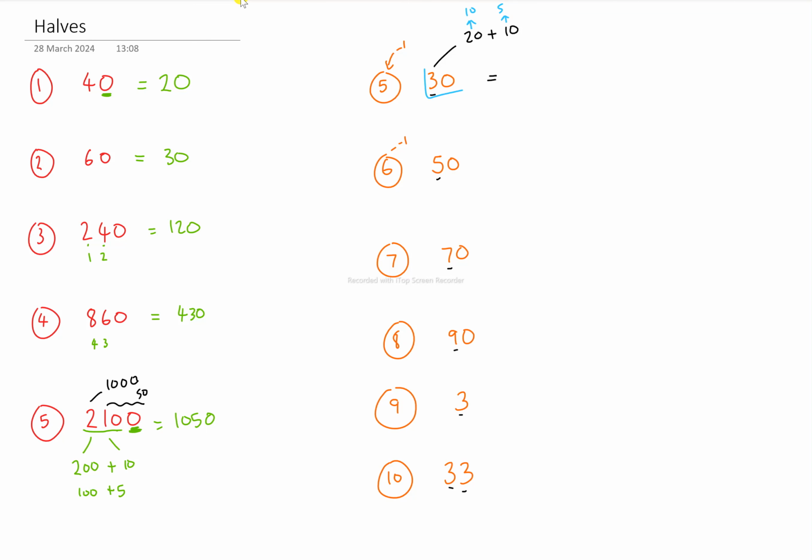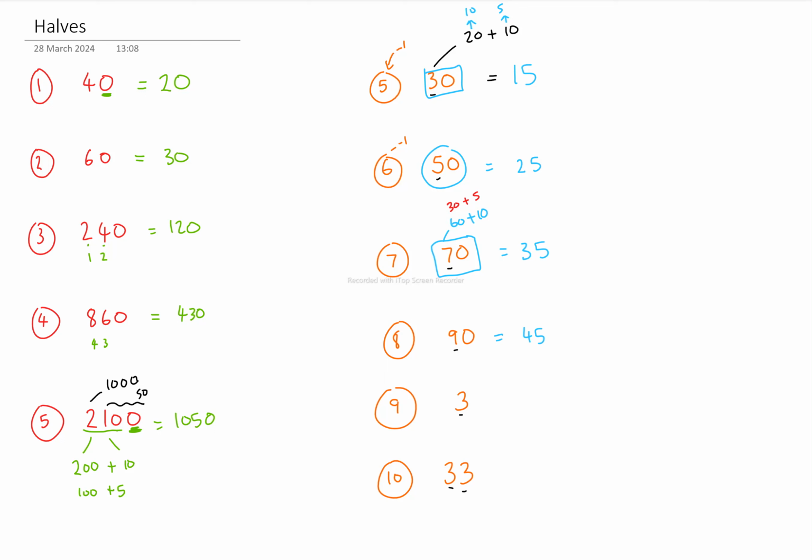But it's better to know this off as a number, as 15. What's half of 50? You should know, 25. What's half of 70? You should know, 35. Again, you can split it up into 60 plus 10, which is 30 and 5. Okay, 90.